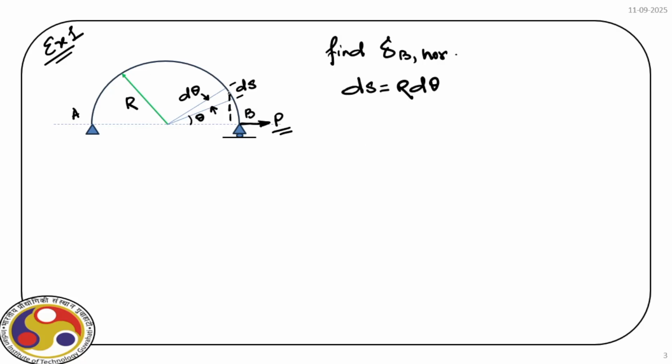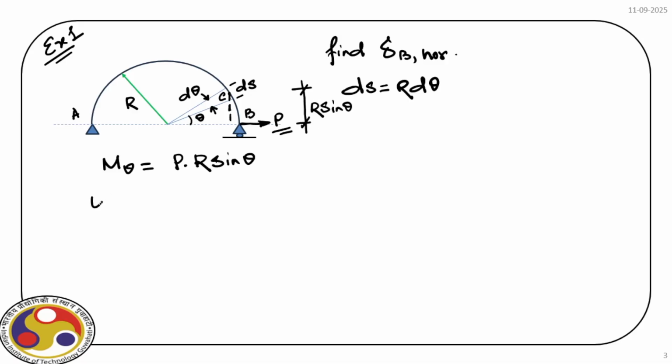Now, at this point, say C, what is the lever arm from this force P? This is R sine theta. So we can calculate M of theta, which is equal to P times the distance, so that is P R sine theta.